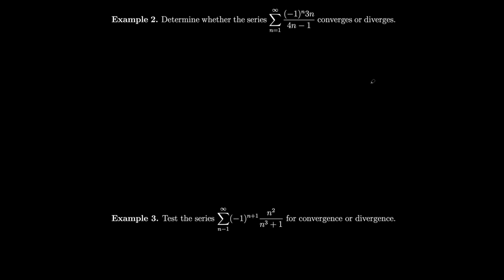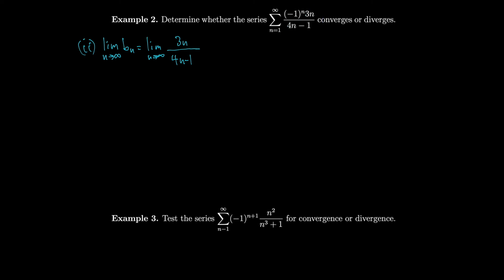Let's determine whether this series converges or diverges. We have a little bit of an issue here though. Notice that for our second condition of the alternating series test, we need the limit of the bn's to be 0. But in this case, the limit of the bn's is the limit of 3n over 4n minus 1. Remember, we only consider this part. The entire thing is an.